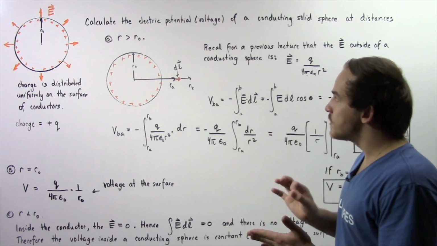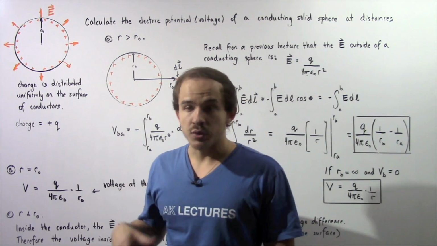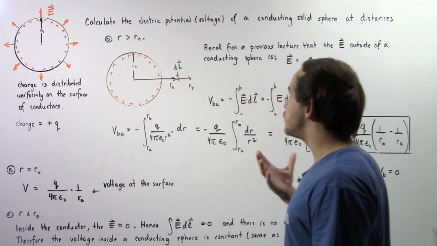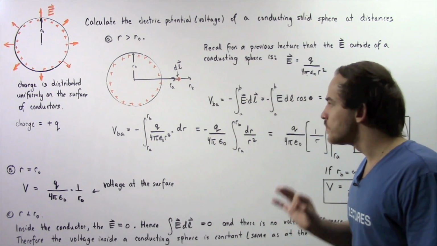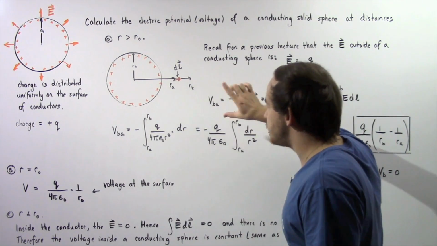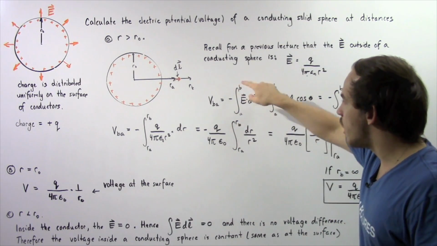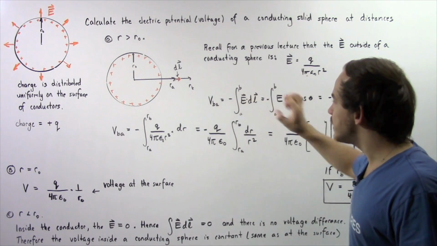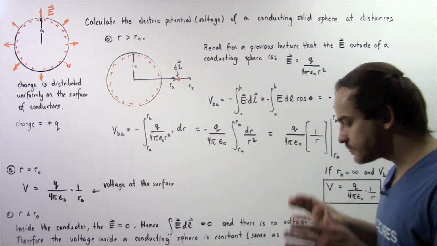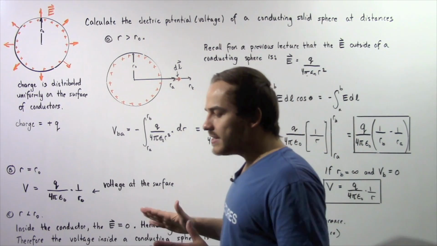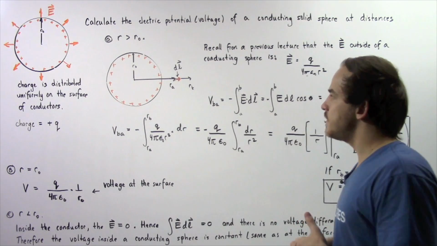So before we give the electric potential, we have to find the electric potential difference. We have to calculate the voltage difference. Now, in the previous lecture, we were able to show that the voltage difference between any 2 points A and B is equal to the negative of the integral of the dot product of E dL from point A to point B. So, let's choose any 2 points outside of our conducting solid sphere.